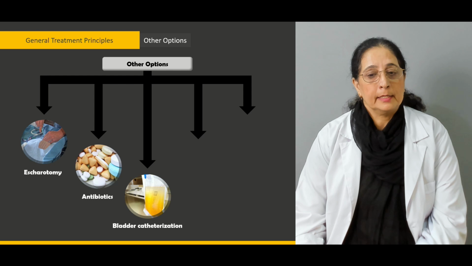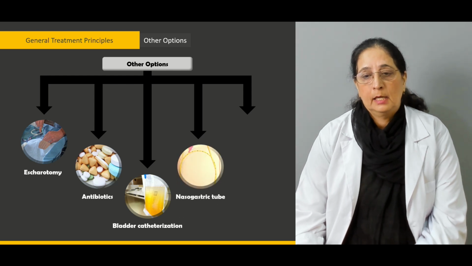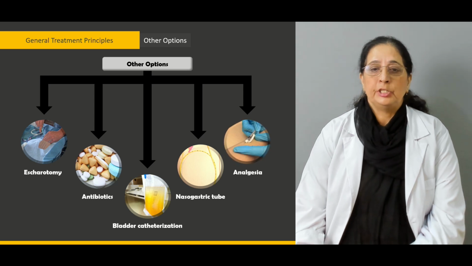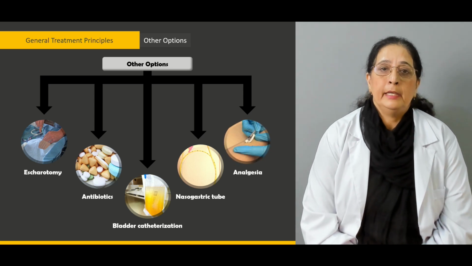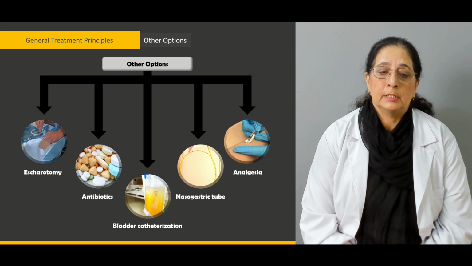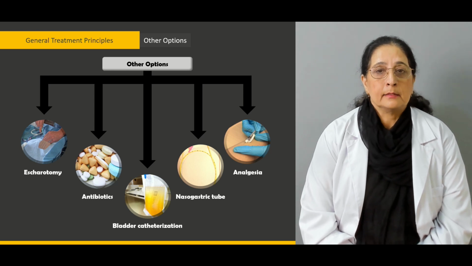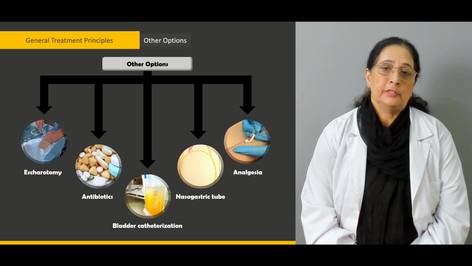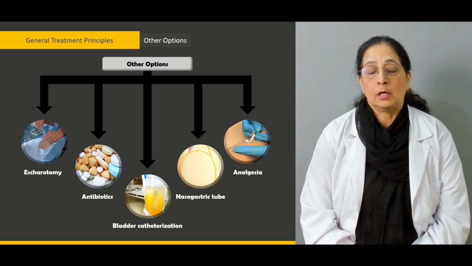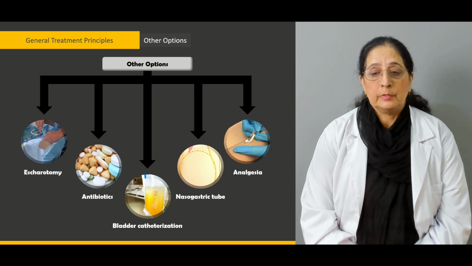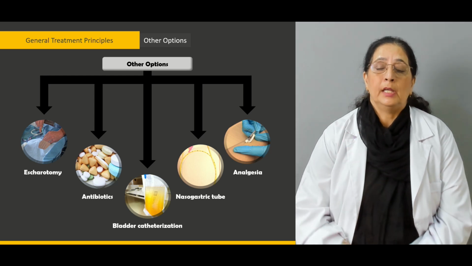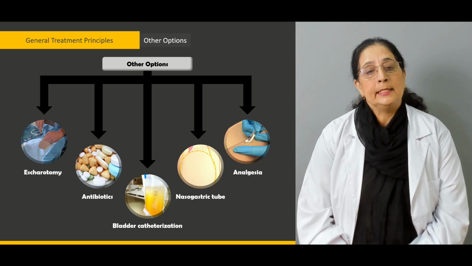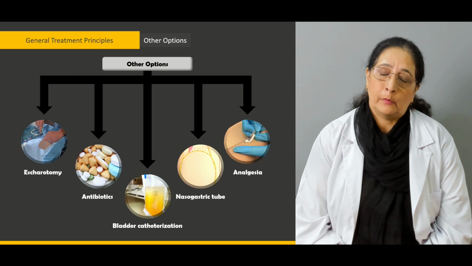Bladder catheterization, nasogastric tube, and analgesia. These are all very important treatment options that should be performed. Sclerotomy, antibiotics, bladder catheterization if the patient is not able to walk or go to the restrooms, nasogastric tubes if they are not able to swallow or eat, and then analgesia for the pain is important.